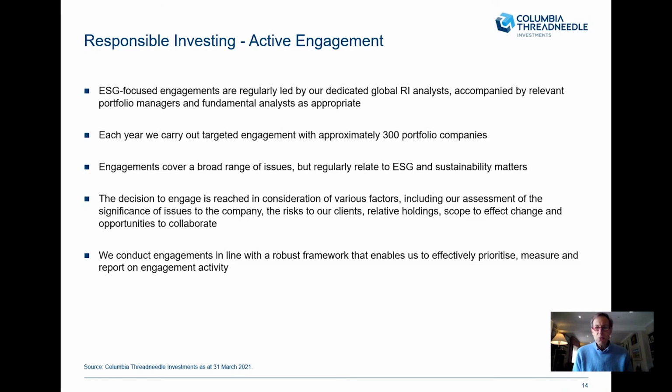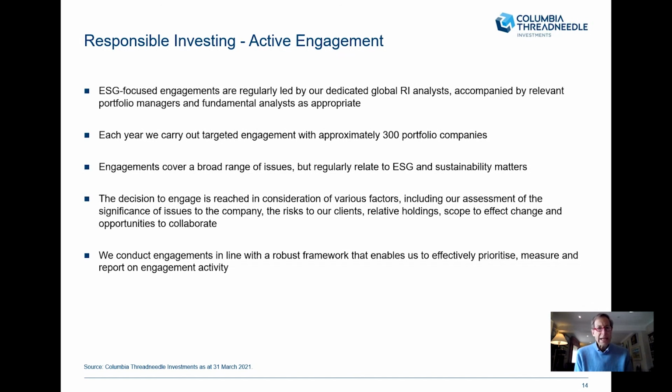We've always liked well-run companies. They do well over time, and we think it's the same with responsible investing. Companies that are good at it, rate highly in our proprietary scoring system, should be the companies that are well run and do well over the medium to long term.